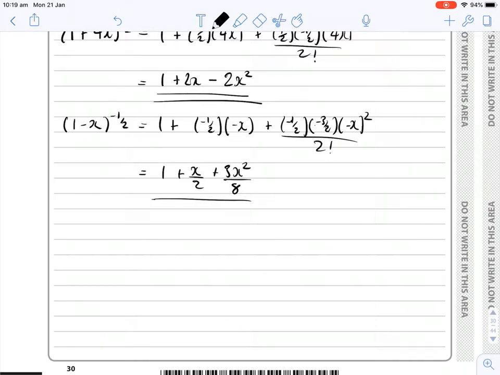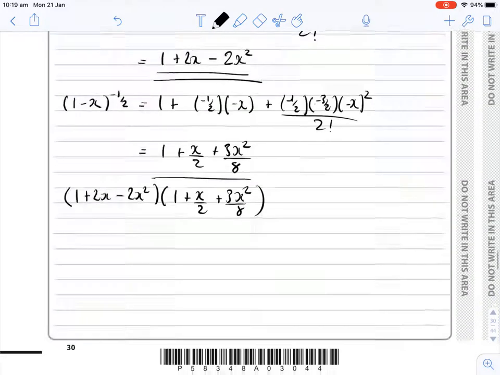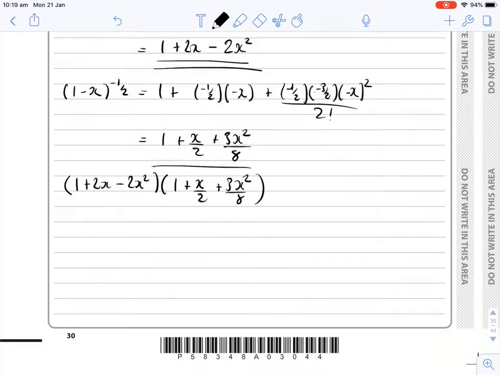And then we remember that we're multiplying these together, so we've got (1 + 2x - 2x²) times (1 + x over 2 + 3x² over 8). Remember, we only want to go up to x squared here, so when we multiply out, we're going to get 1 + x over 2, plus 3x² over 8, plus 2x, plus x², minus 2x².